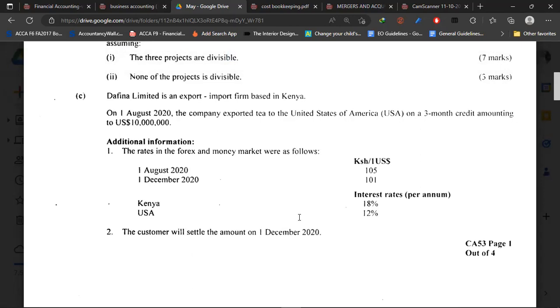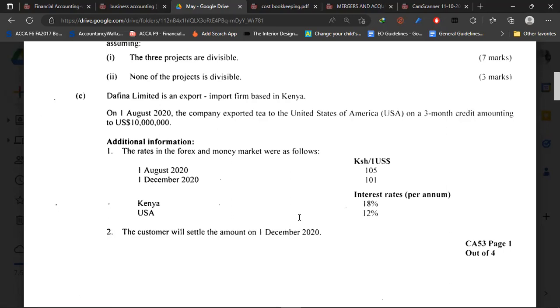We have been told the rates which are given for forex and money market were as follows. On 1st August 2020 it is 105, but on 1st December 2020 it is 101. Remember, we are under the 3-month credit period.